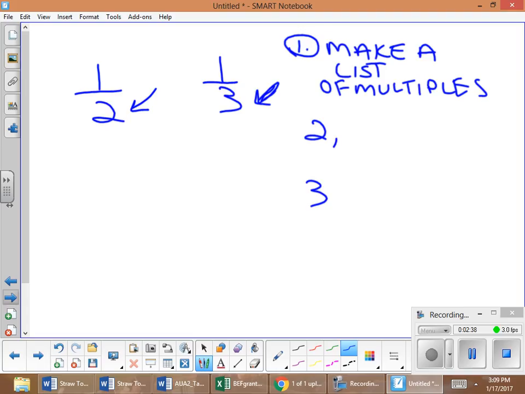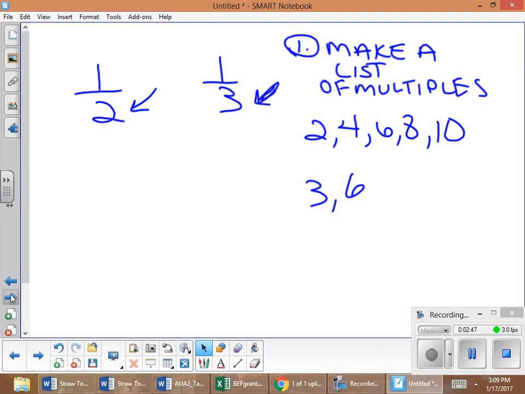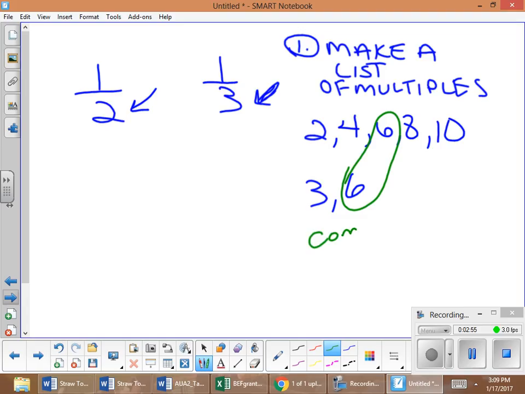Let's just do 2, 4, 6, 8, 10, and we'll go 3, 6. Ooh, I got my match. 3 stops at 6 and 2 goes to 6. That means my common denominator right here equals 6.